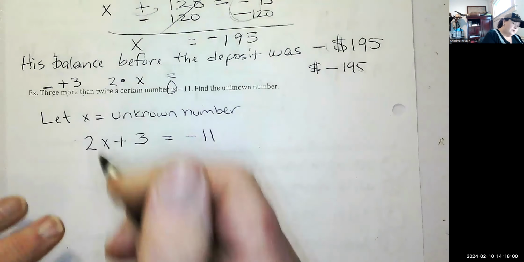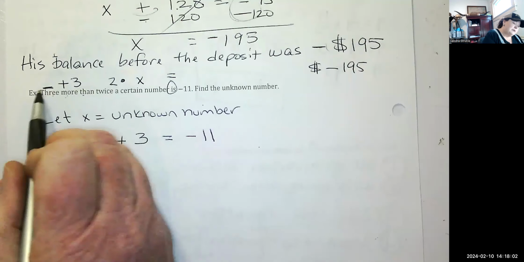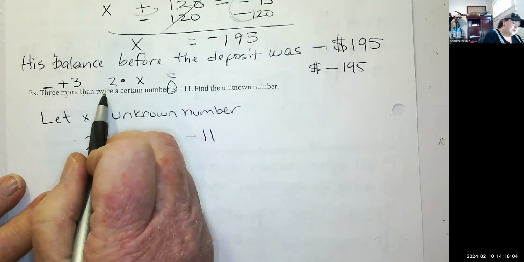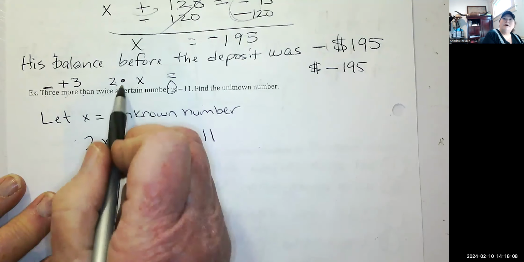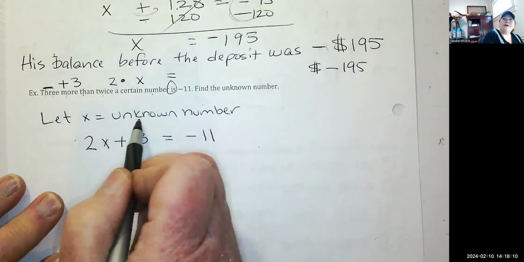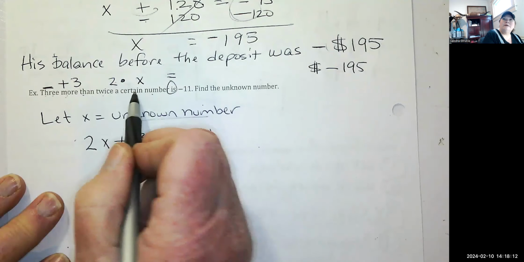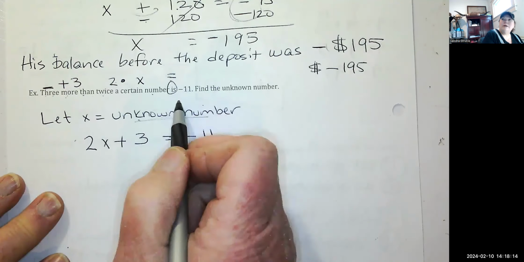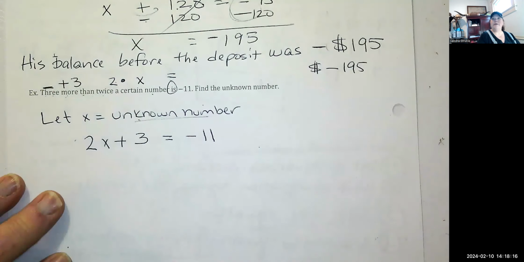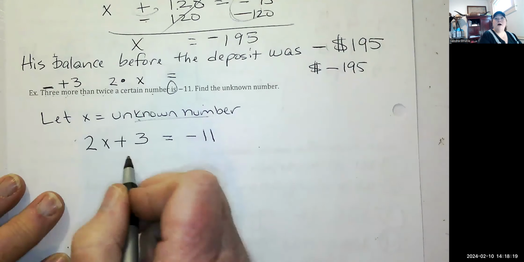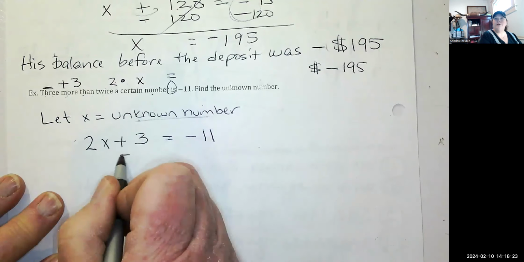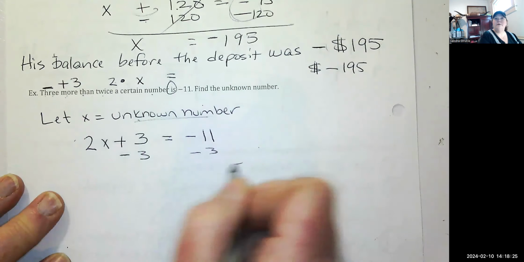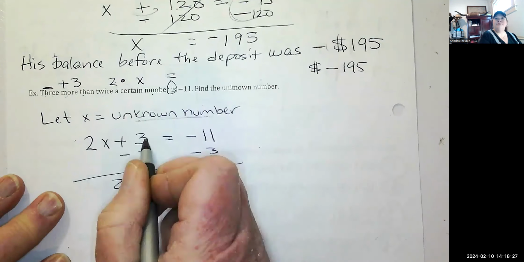Okay. 3 more than, so that's going to be something plus 3. Twice is 2. 2 times a certain number. Well, we said that's going to be our unknown number is x. Is always equal, and then negative 11. So now we can find the unknown number. Who's attached to x and how? 3 is by addition, so we need to do the opposite of that to both sides. 2x is equal to, this is gone.